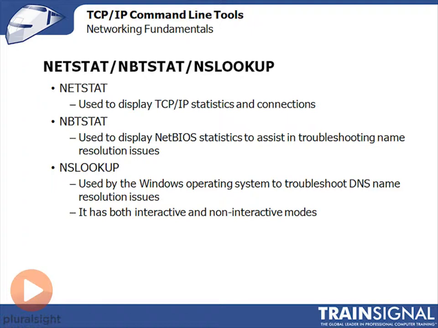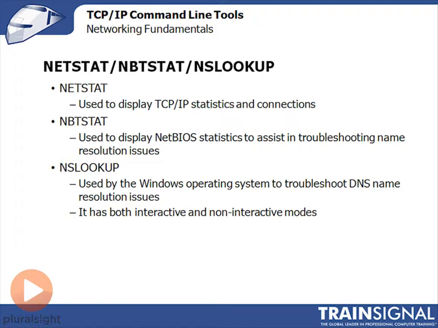And NetBIOS is a protocol and a naming convention of the past. Not to say that it's not used at all. It is still sometimes used, and that's why I still list it here. If it truly was not used at all, then there would be no point. But it is still out there. So Nbtstat will help you with the NetBIOS statistics.